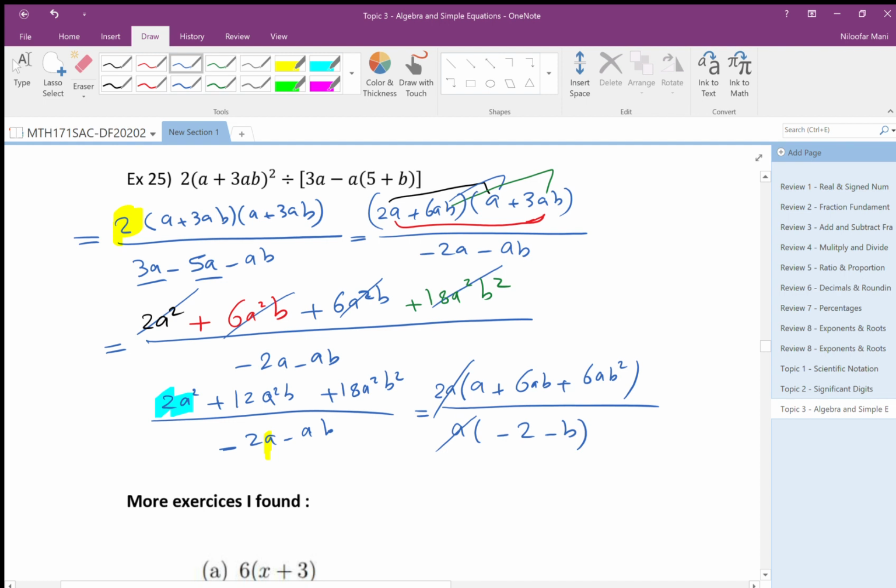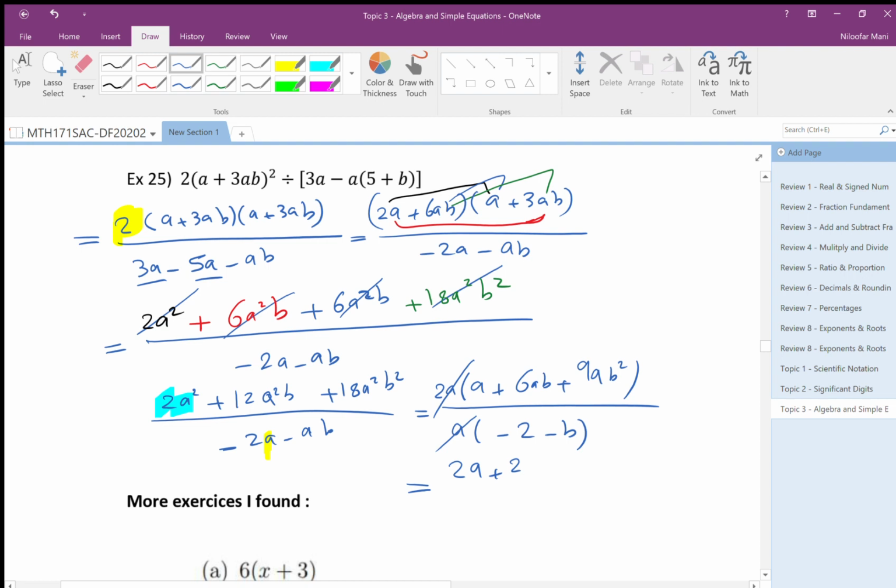Remember, when you have several multiplications top and several multiplications bottom, or just 2 multiplications top, 2 multiplications bottom, then you are able to cancel, not otherwise. Not when you have plus and minus, no. Okay, so the answer is 2a plus 12ab, right? Okay, I think this one must be 9 here, so it's 9a.